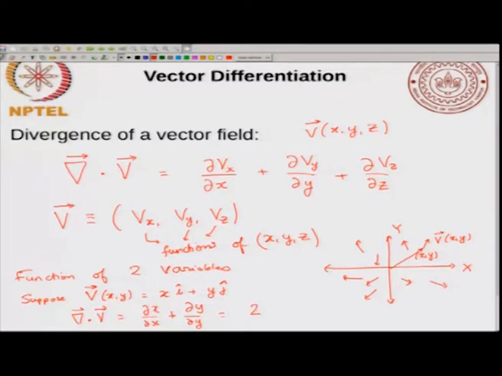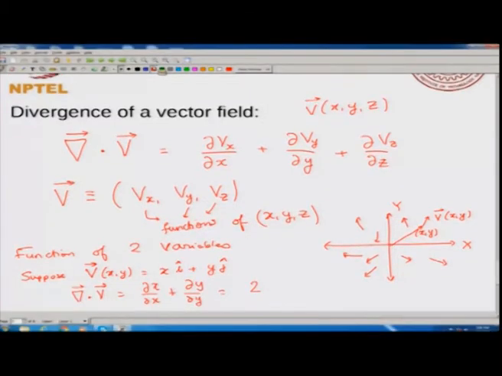Now if you imagine looking at this vector field, what you will see is that at every point the arrow will point radially outwards. So the divergence is non-zero. Okay. Now the divergence of a vector field is actually a scalar field.